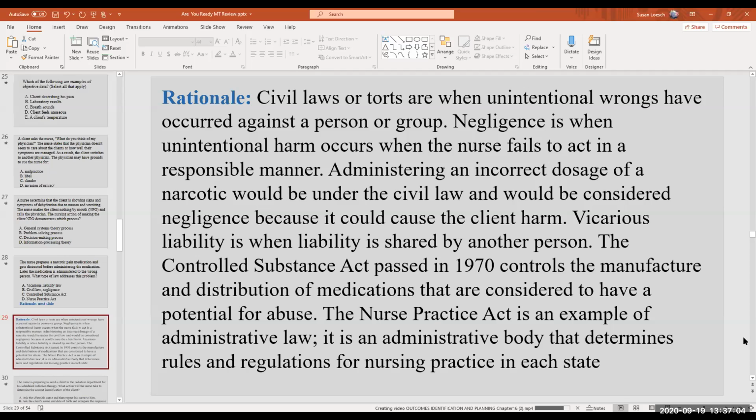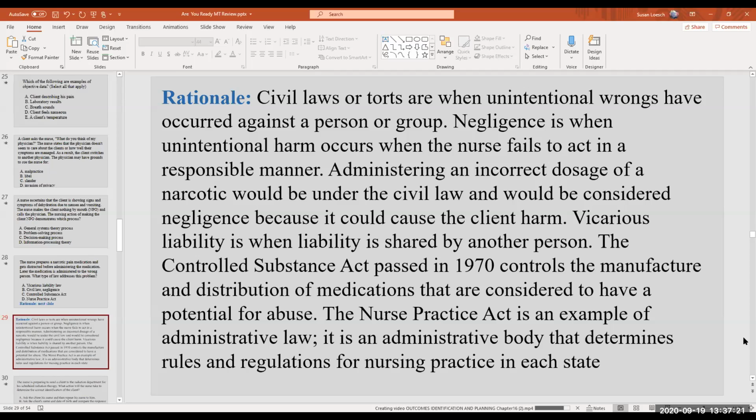But negligence is when the unintentional harm occurs, when the nurse fails to act in a responsible manner. And administering an incorrect dose of narcotic would be under civil law and considered negligence because it could cause the client harm.